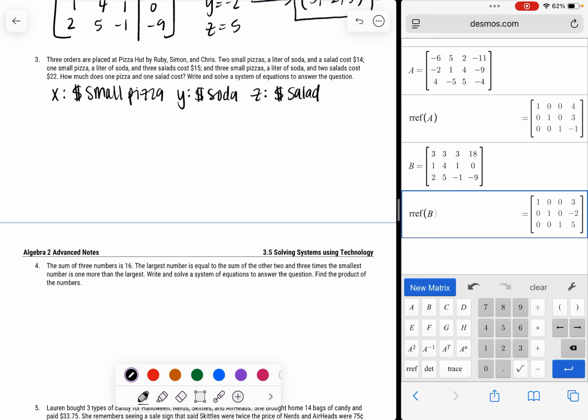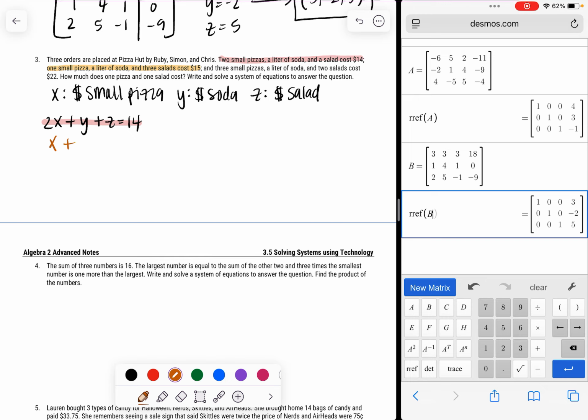And so when you write this as a question on your test, we will expect to see your variables defined. We will expect to see the equations. So first one would be 2x plus 1y plus z is equal to $14. And that's coming from, let me just highlight that sentence. And then we have 1 small pizza, a liter of soda, and 3 salads cost $15.